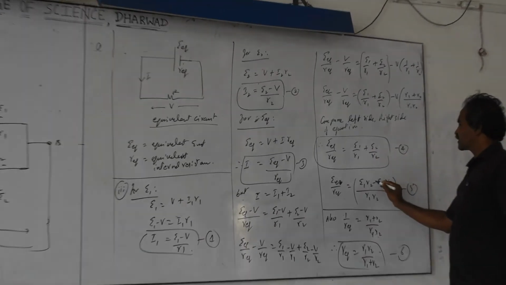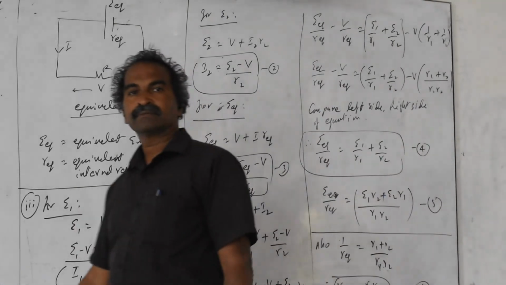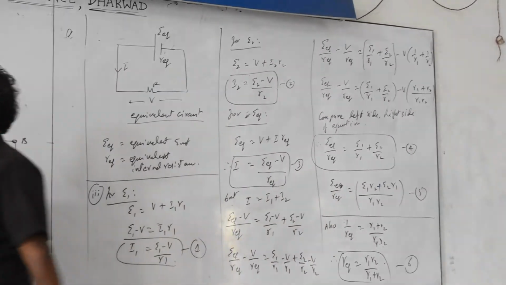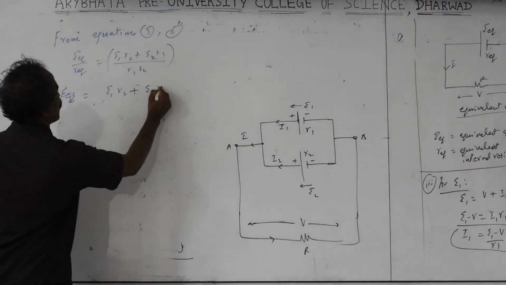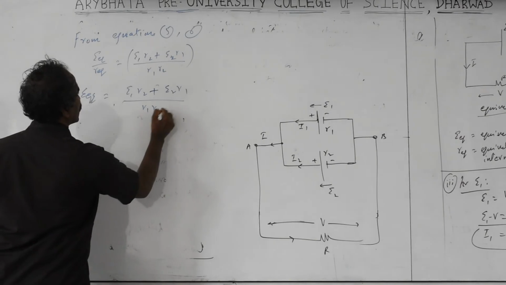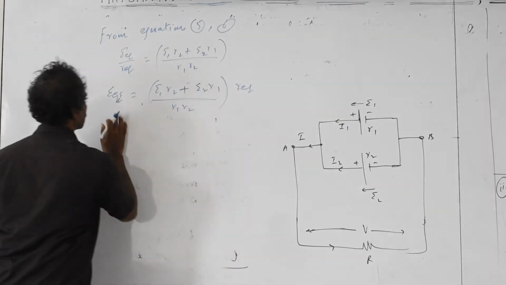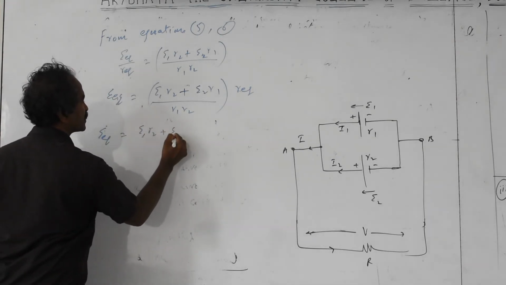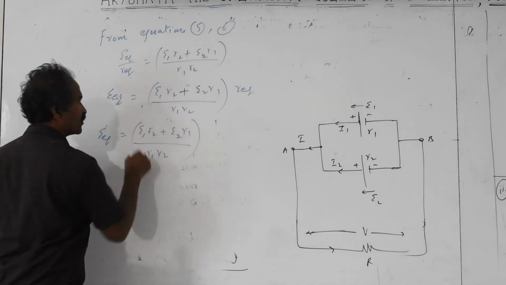You get it as a plus, not minus, sorry. This part is plus. E1 R2 plus E2 R1 by R1 R2 into R equivalent. So E equivalent is equal to E1 R2 plus E2 R1 by R1 R2 into R equivalent.